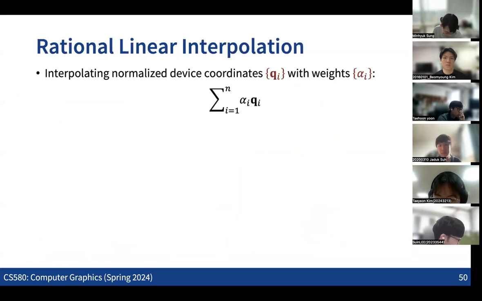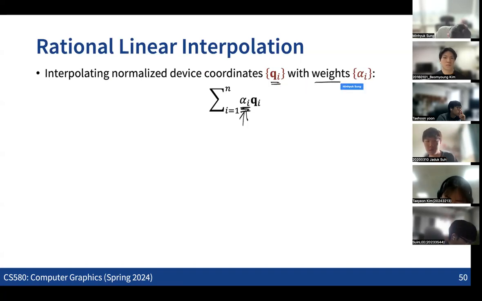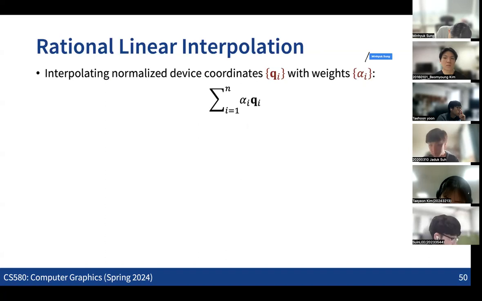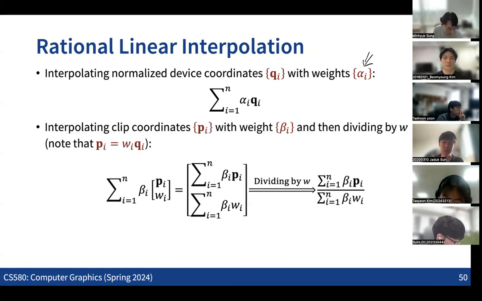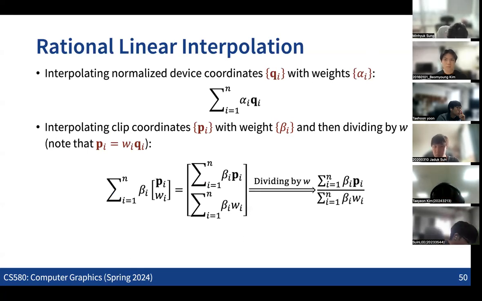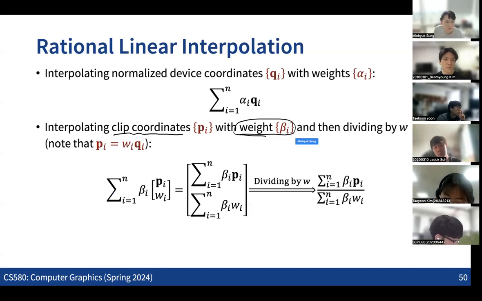So here the question is that we calculated the interpolation weights, alpha, using the normalized device coordinates. So we have the normalized device coordinates Q with the weights alpha. This is the way we specify the pixel where we want to interpolate the properties, right? Then what we want is to interpolate the clip coordinates with new weights beta in a way that we get the same results.